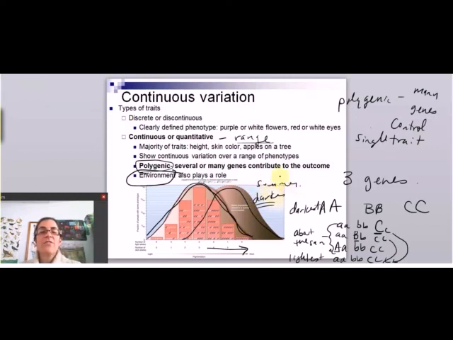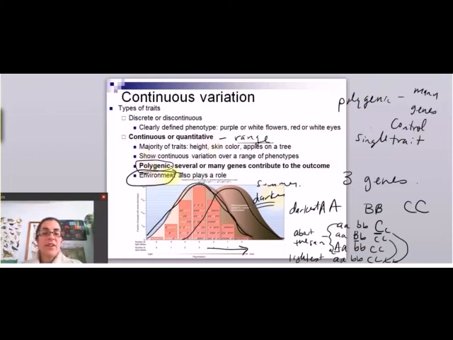So the whole average skin color of the whole earth shifts a little bit to the right in the summertime. So again, this is continuous variation where we have a range within the traits. We're all some variation between light and dark, not just two distinct: you're either this color or this color.